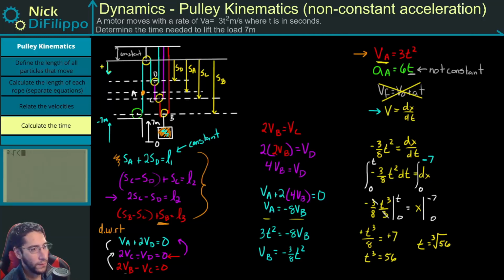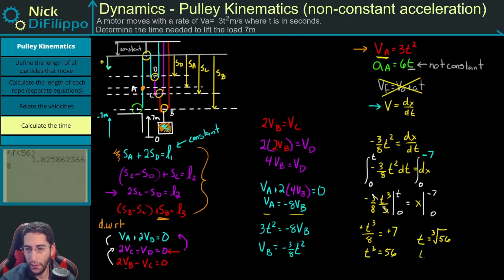We'll take the cube root of 56, and we get our time t is equal to 3.83 seconds. So it will take 3.83 seconds to move this box or this weight up 7 meters.